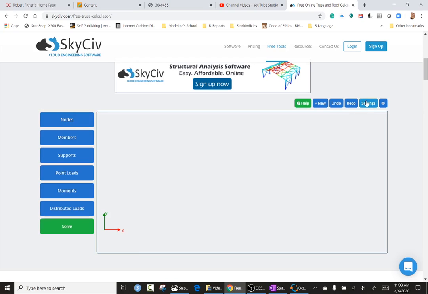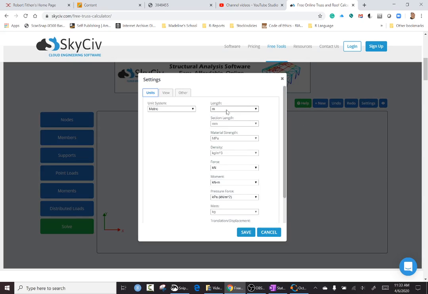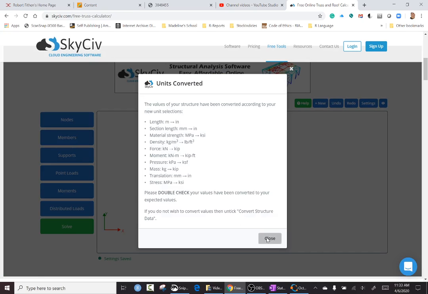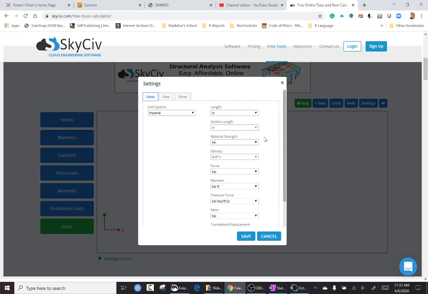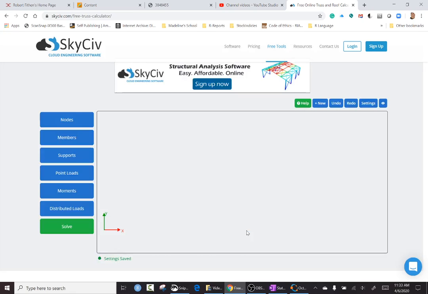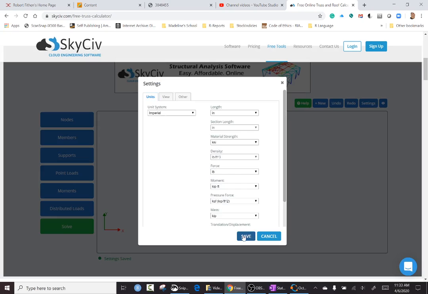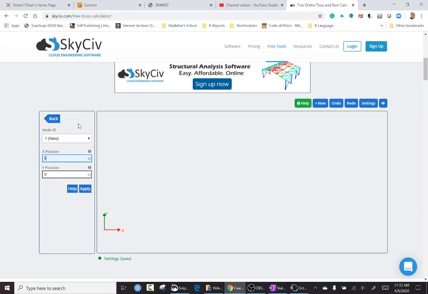back. Do my settings. I'm going to go to this, length. I'll go in inches. And you know what though? Force, I'm going to go in pounds. Wait a minute. Yeah, that's fine. Nodes, 0, 0. I had one that was in the x position of 12. Apply.